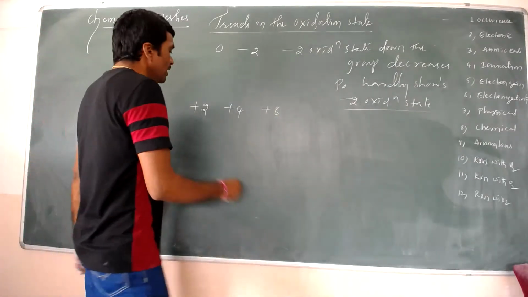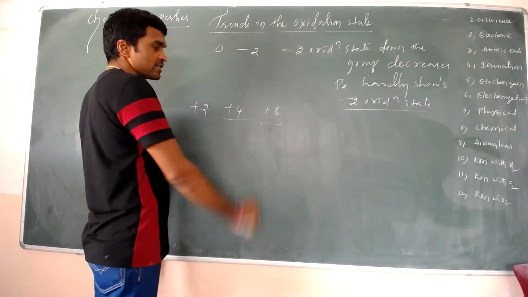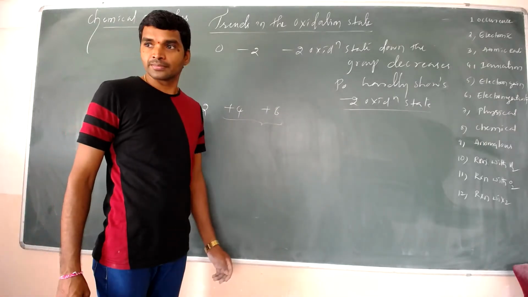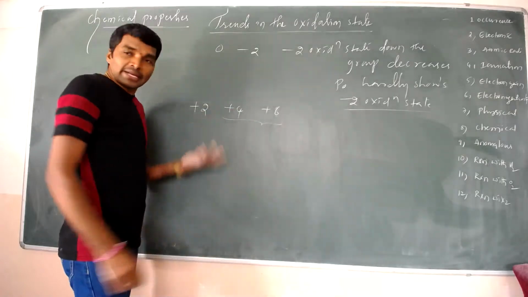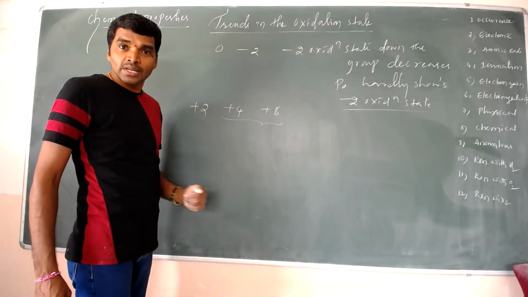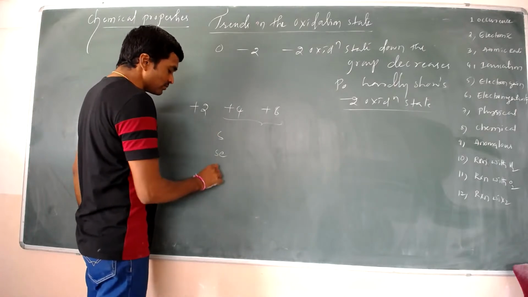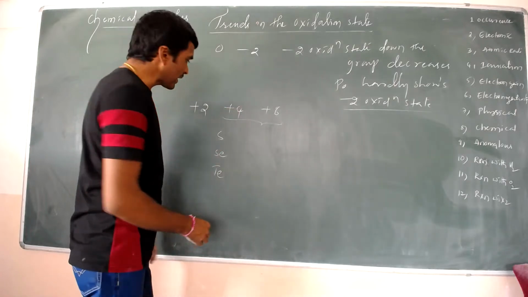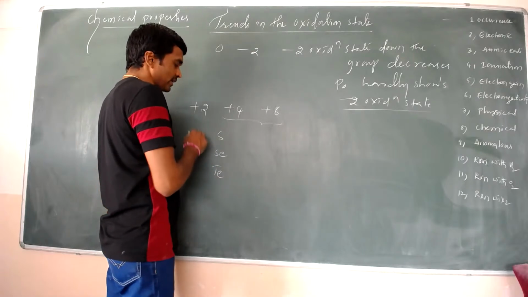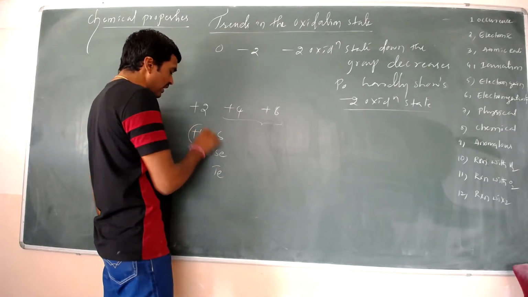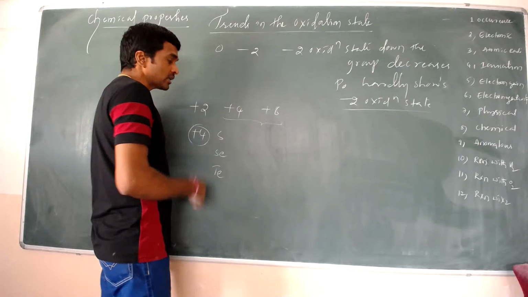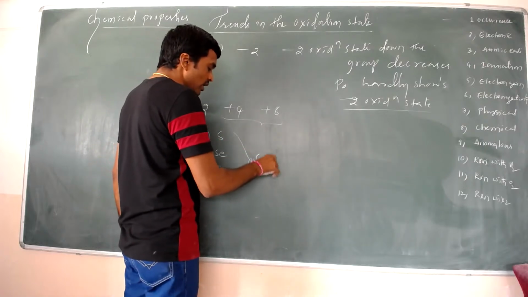The remaining elements, except oxygen, that is sulfur, selenium, tellurium, exhibit +4 oxidation state when they are combined with oxygen.